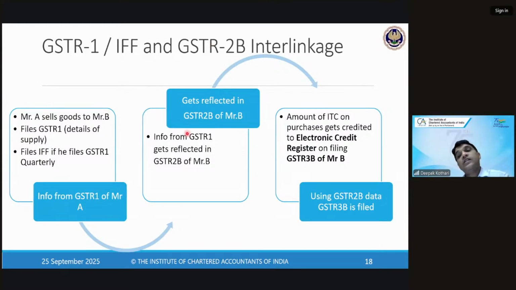Clear? This will give us an understanding of how the transaction moves, right? One will get reflected as 2B, and basis 2B, you will file your GSTR 3B.